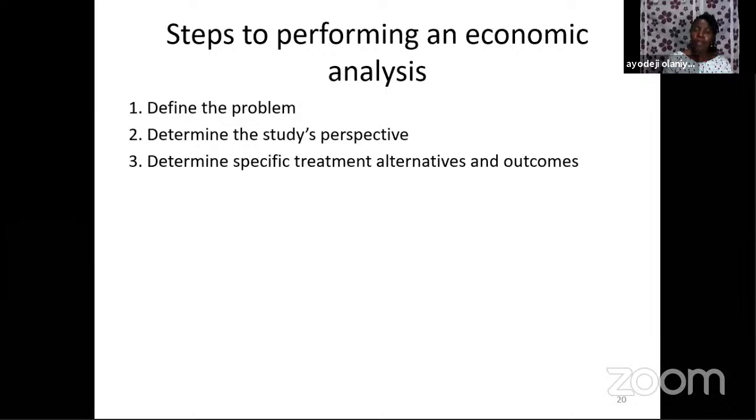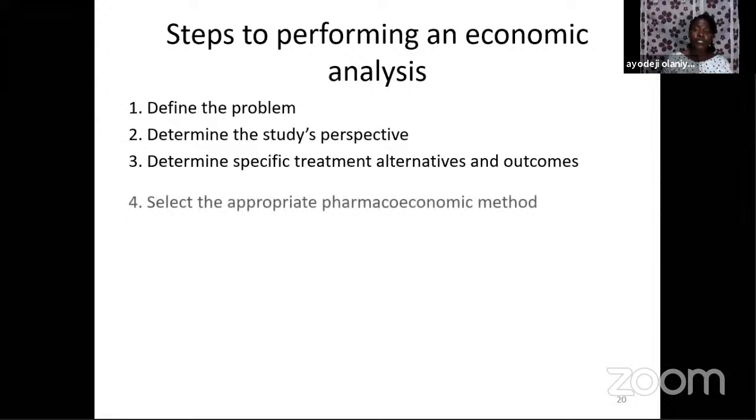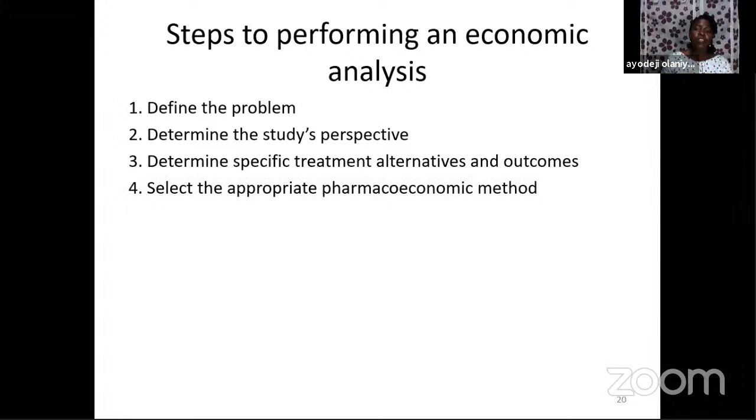So we choose probably the one that is being used. The existing one may be more expensive, and you compare it to a new one that you want to introduce. Then you identify the outcome from these different alternatives. When the outcomes are identified, then you can easily select the pharmacoeconomic method to use, because like I said, the pharmacoeconomic analysis is categorized based on the outcome identified.